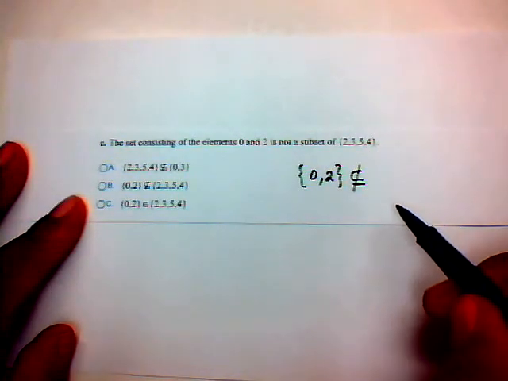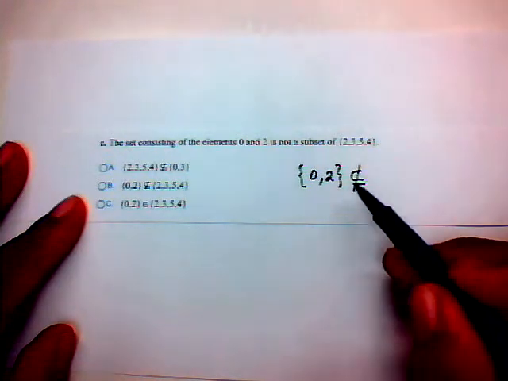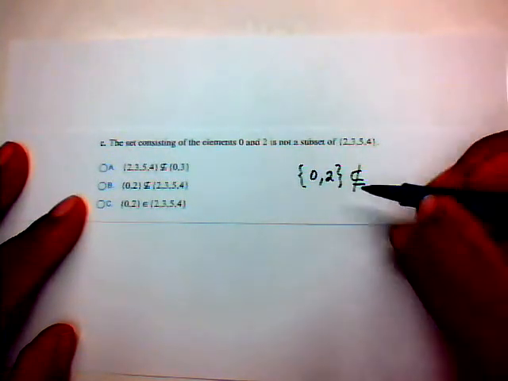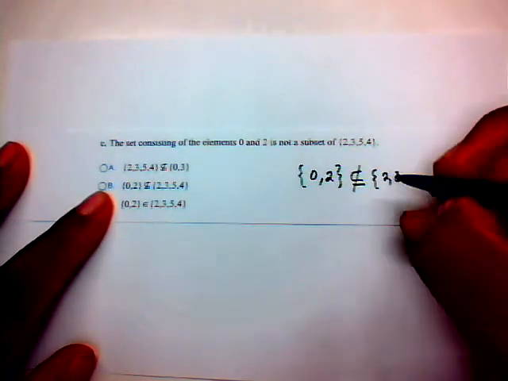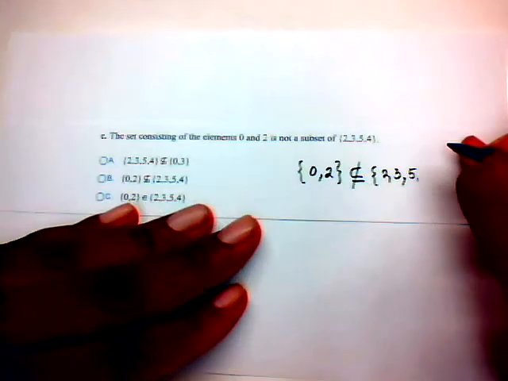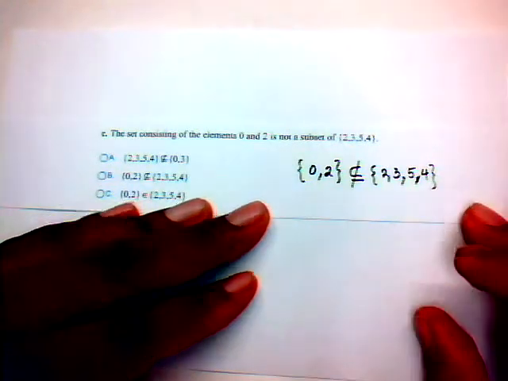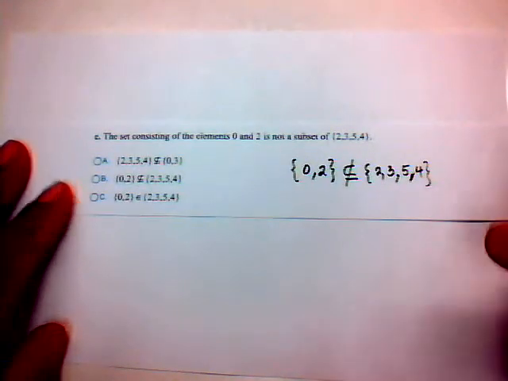So it's written like this. This will be is a subset, but when you put a slash over it, it means is not a subset of 2, 3, 5, 4. So it'll be this answer, answer B.